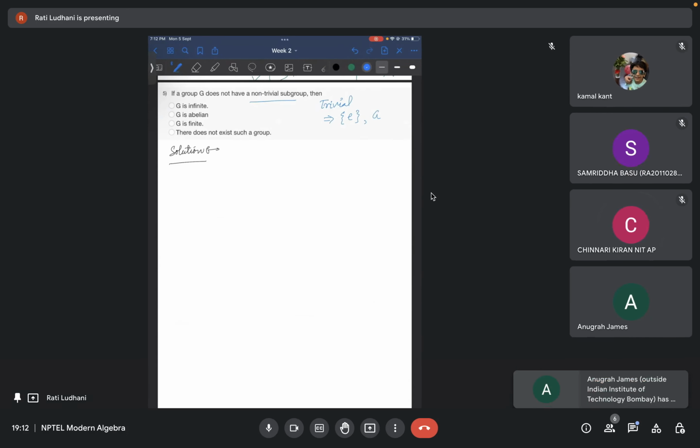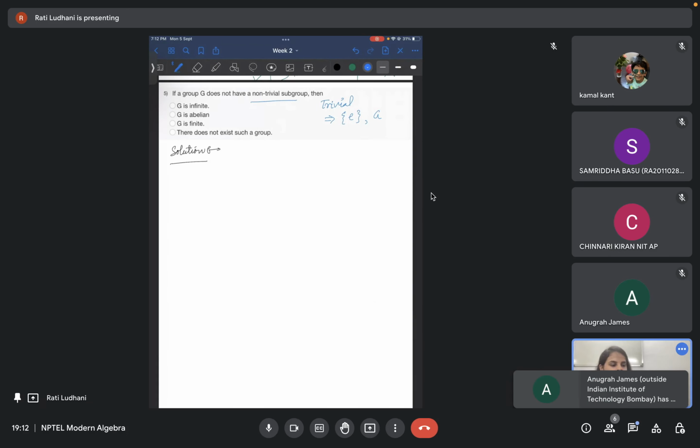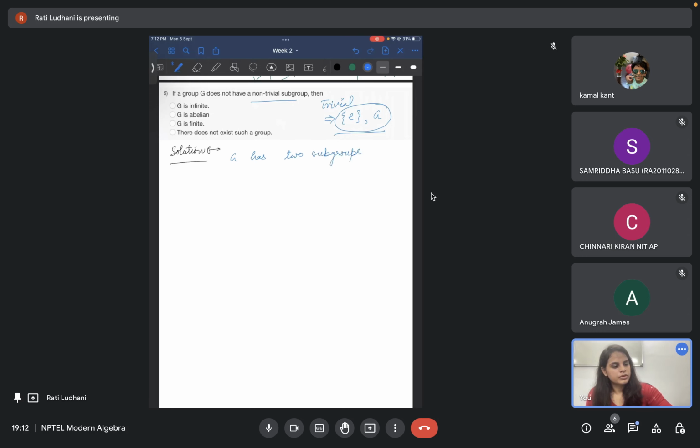There are just two subgroups. Now it is saying there is no non-trivial subgroup, that means there are just two subgroups here. So G has only two subgroups, E and G.